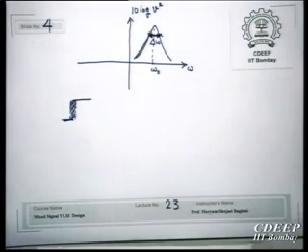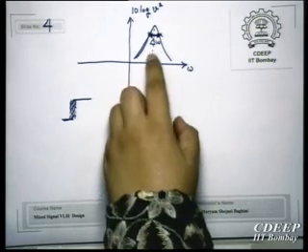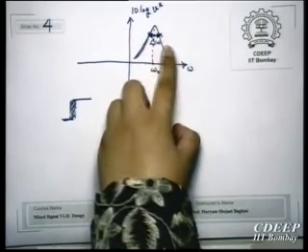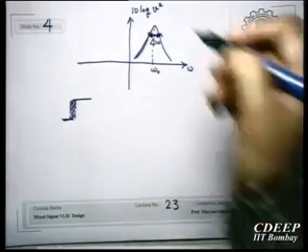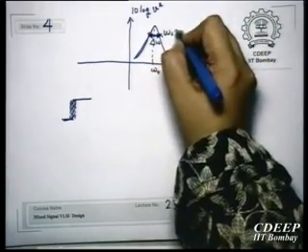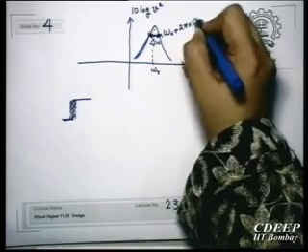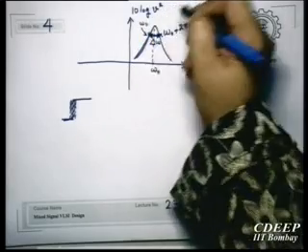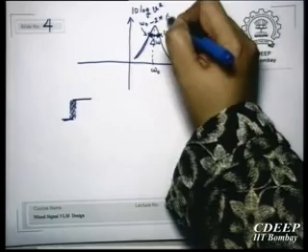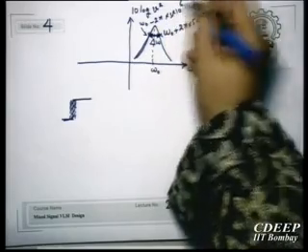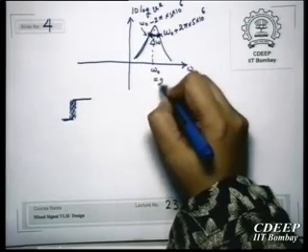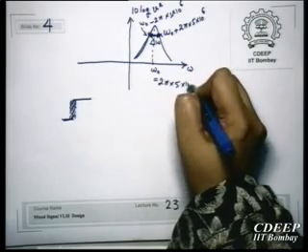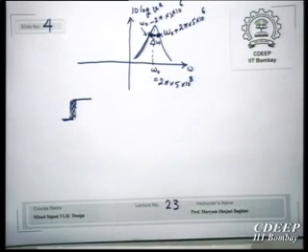If the bandwidth of the DLL is 5 megahertz, it means that if there is phase noise or jitter whose components are plus minus 5 megahertz, suppose this is omega 0 plus 2 pi into 5 into 10 to the power 6, and this is omega 0 minus 2 pi into 5 into 10 to the power 6, and omega 0 is 2 pi into 5 into 10 to the power 8, 500 megahertz, considering we are just looking at the main harmonic.